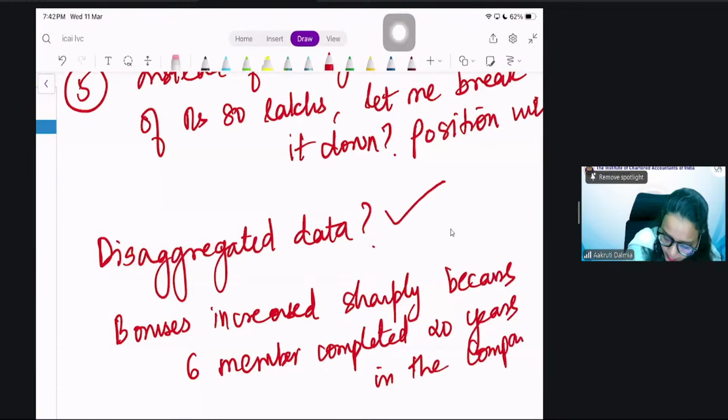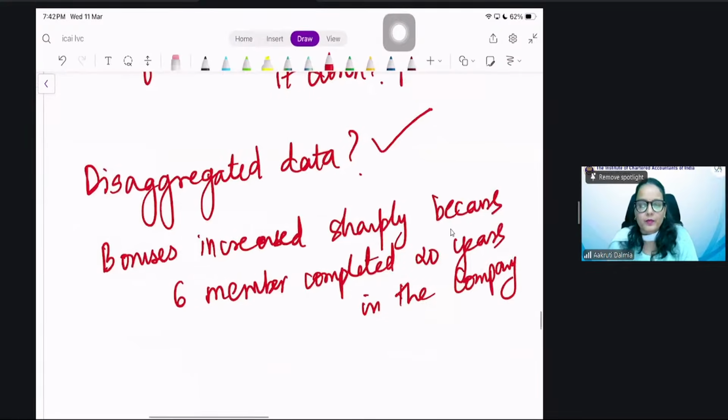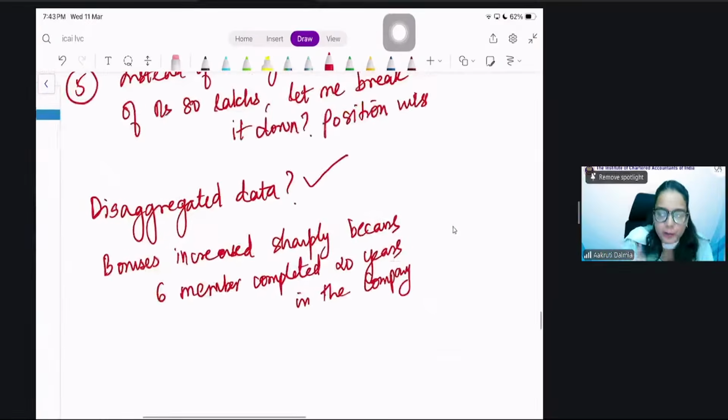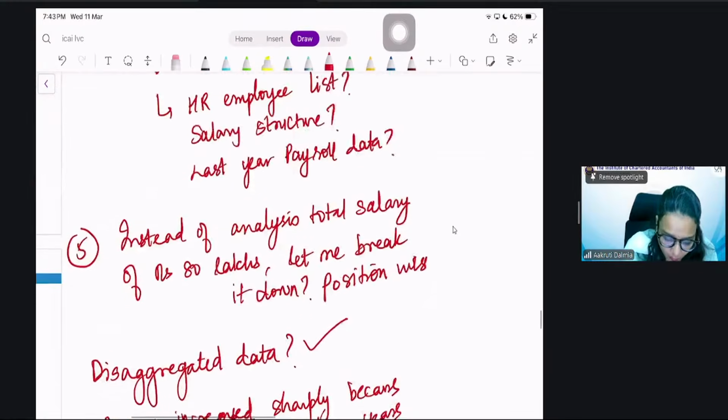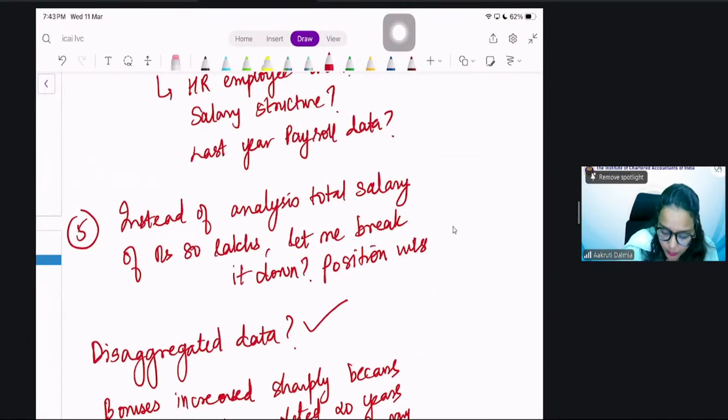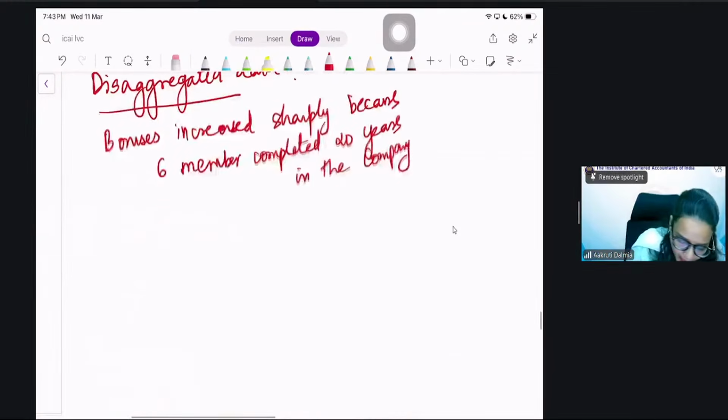What did I come to know by doing this? I found the source. So disaggregation usually helps you to spot something unusual that is not happening regularly. So instead of analyzing the total, disaggregated data should be available to do analytical procedure.